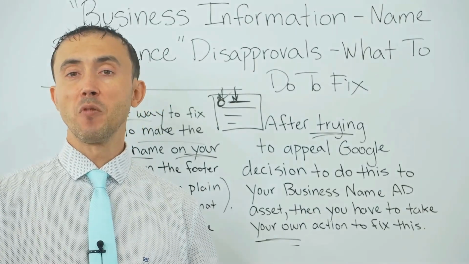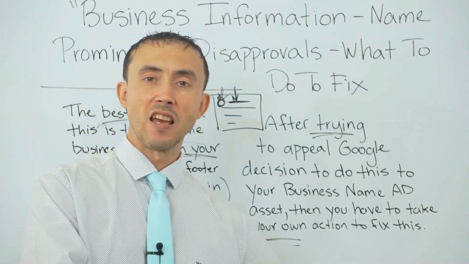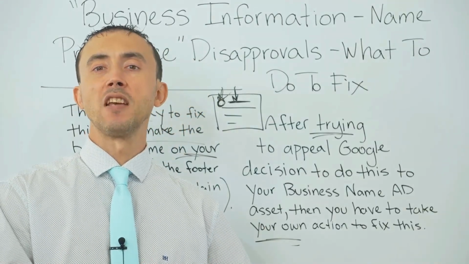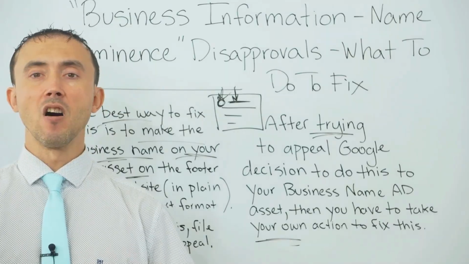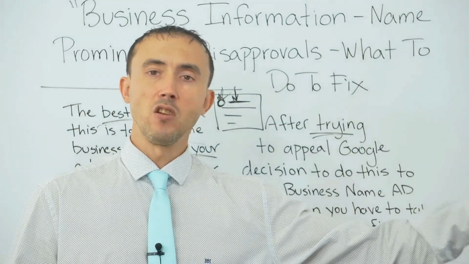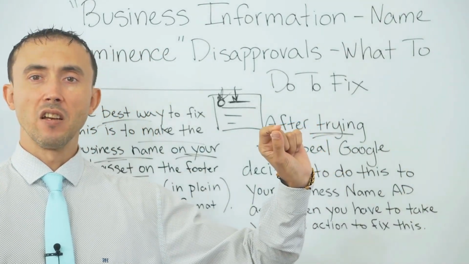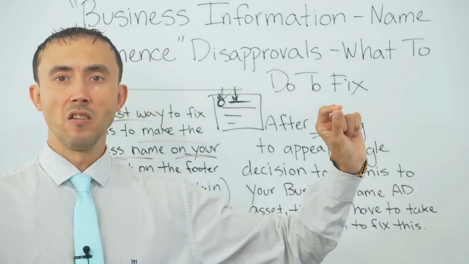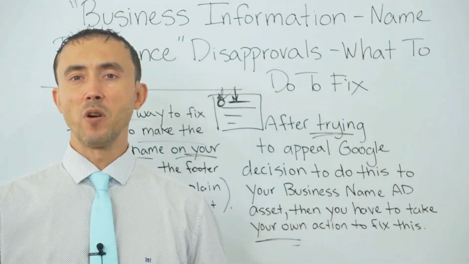Now, like I mentioned before, you want your business name on the business name ad asset itself to be nice, clean, and authoritative. So if your business name is a long, corporate-y, jargony ABC Incorporated, you don't want that on your ad as far as the business name itself. I would say ABC Construction, not ABC Incorporated, because it doesn't describe what you do.